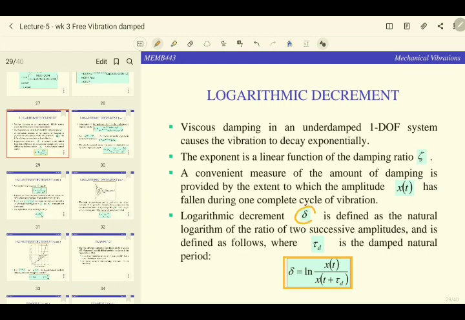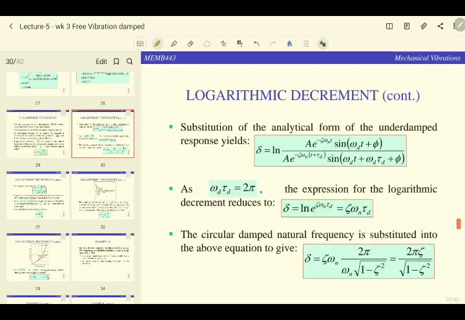This small delta is defined as the natural logarithm of two successive amplitudes. You can see here you have x t and x t plus tau d. Let us take a look so that we can understand, because if you remember the figure just now, it relates to how much it is being decreased. That's why we call it logarithmic decrement.